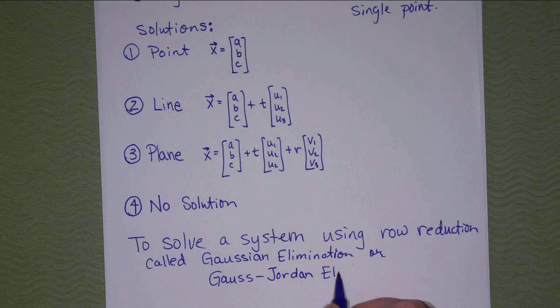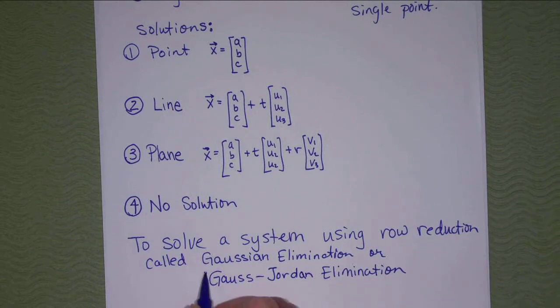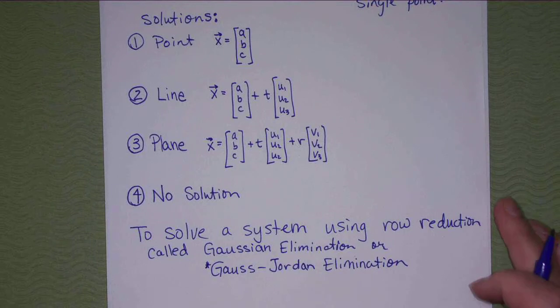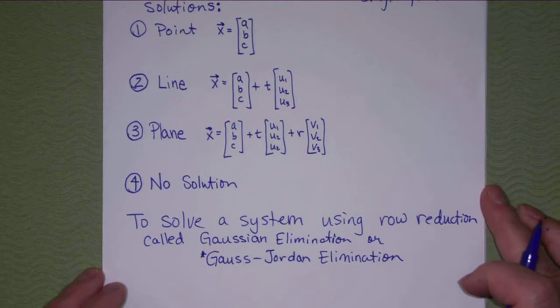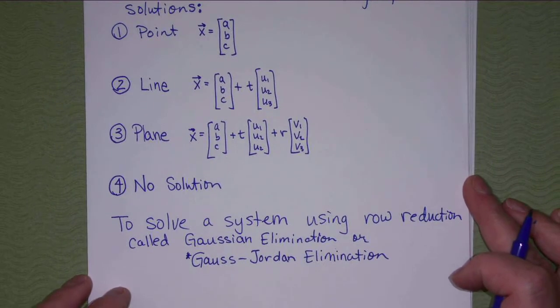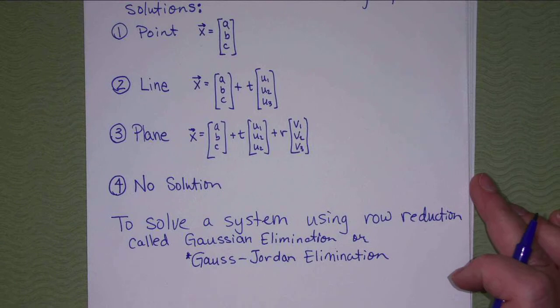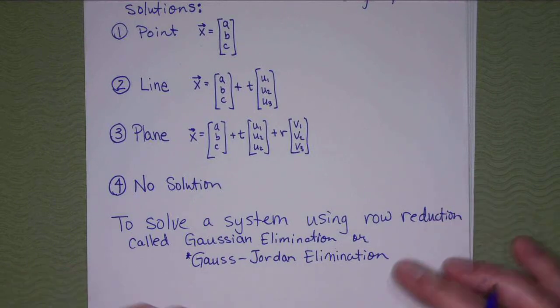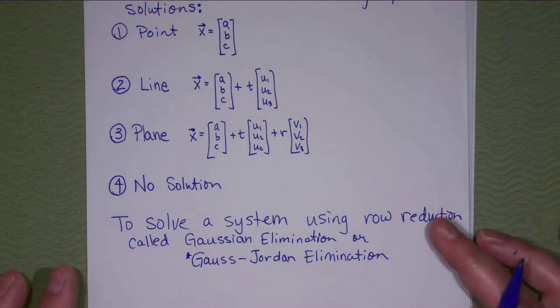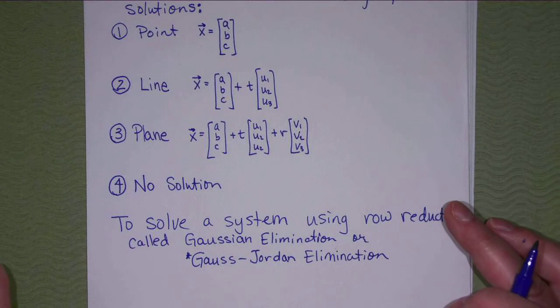I actually use Gauss-Jordan elimination. They're slightly different, but I don't really tell you what the difference is. I just use one. But it's all Gaussian elimination. He sort of created the technique, and the technique is basically row reducing like we did, making ones and zeros.